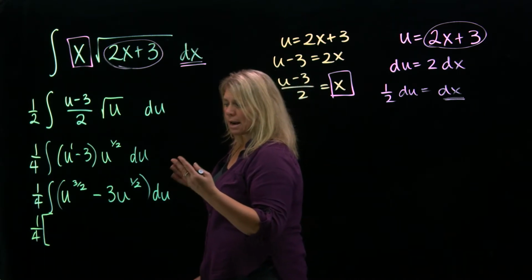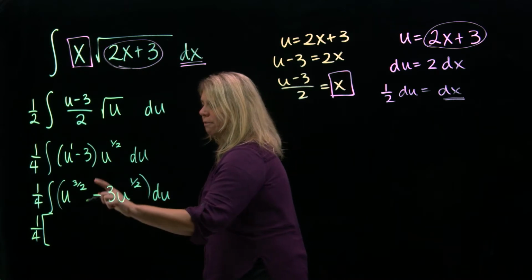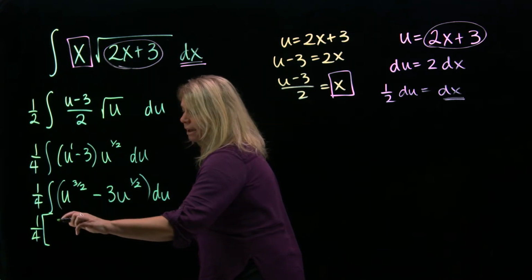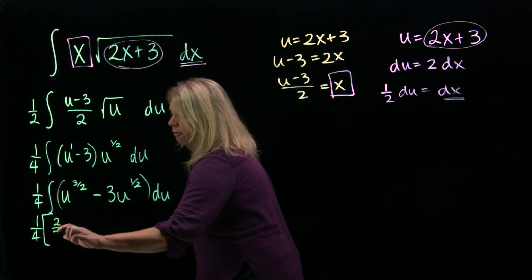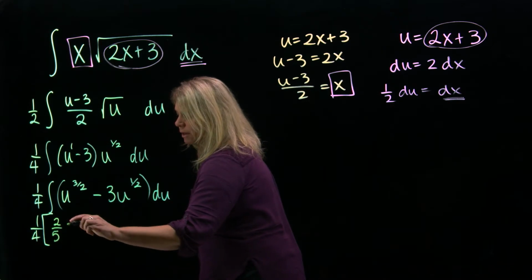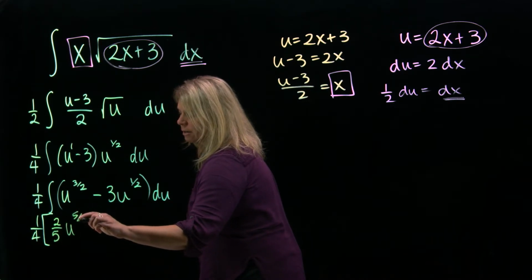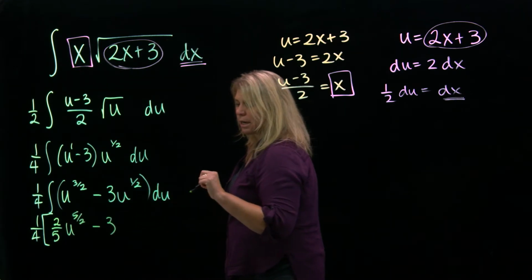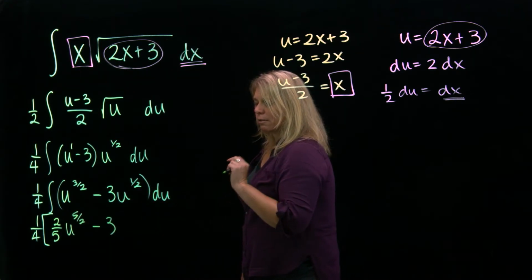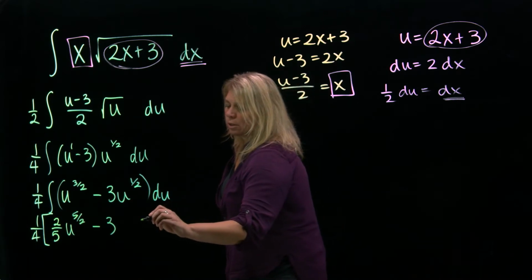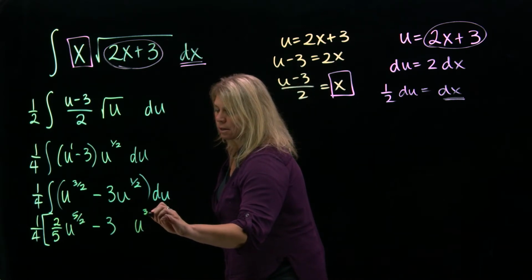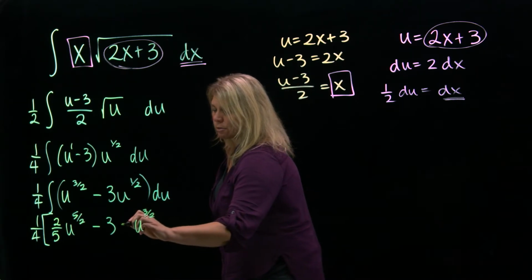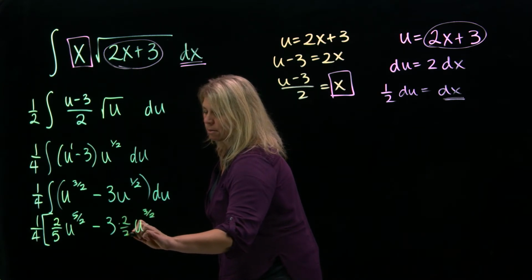I'll add 1 to that exponent. So I'll have u to the 5/2 over 5/2, or instead of putting that over 5/2, I'm going to write times 2/5 out front. And then the 3 coefficient will come along here, and my antiderivative of u to the 1/2 will be u to the 3/2 over 3/2, or times 2/3.